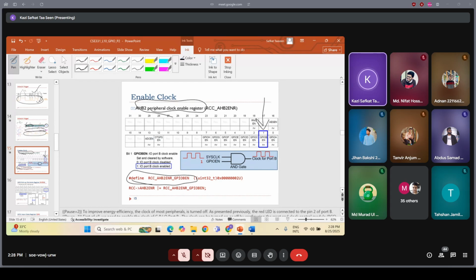RCC represents your reset and clock control module. And then this is the name of the register that has the clock information for the peripheral clock. This is the register that you use to enable a particular clock.